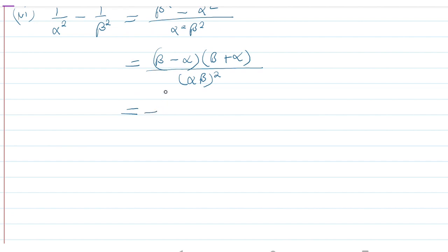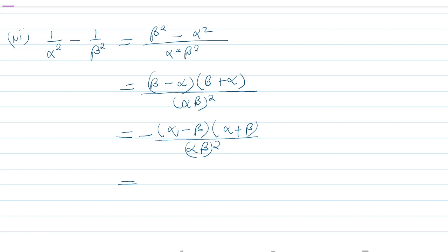We factor out the negative in the first term, so we have minus alpha minus beta, then alpha plus beta over alpha beta squared. Okay?